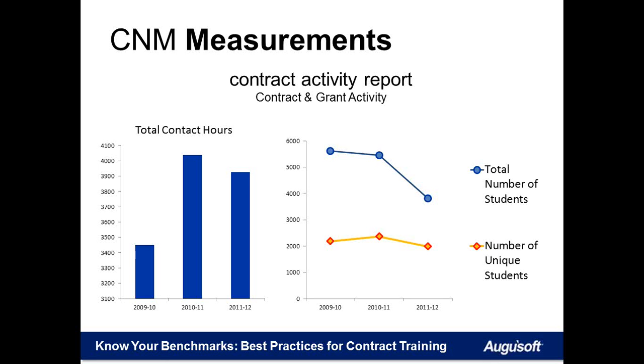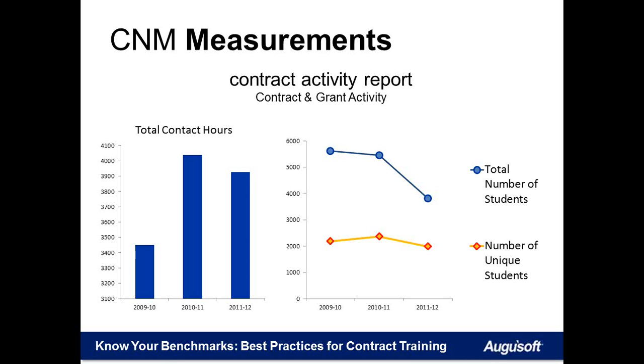So we look at our contact hours in terms of what we've done in the last 3 years and how we've used the tool that we use through AuguSoft, Lumens. We refer to it casually as Lumens. This tool allows us to look at the number of students that we serve and the number of unique, or unduplicated, students.